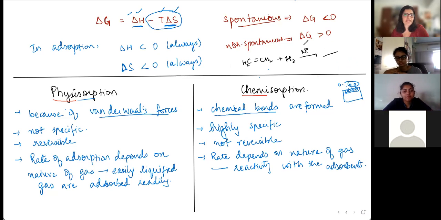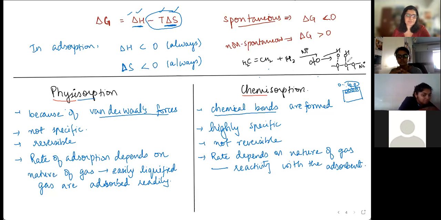So how does this reaction happen? There is nickel, which is a solid metal here, and hydrogen is a diatomic gas. When hydrogen gas diffuses onto nickel, this H-H bond breaks and H-Ni bonds are formed. So this sort of chemical bond is being formed.